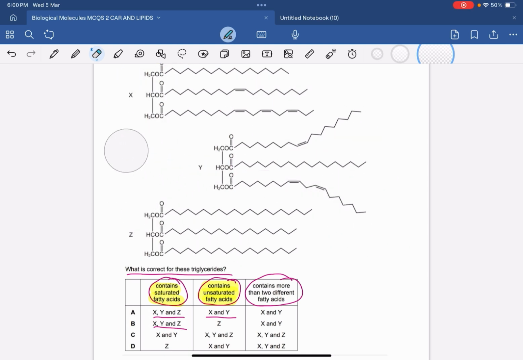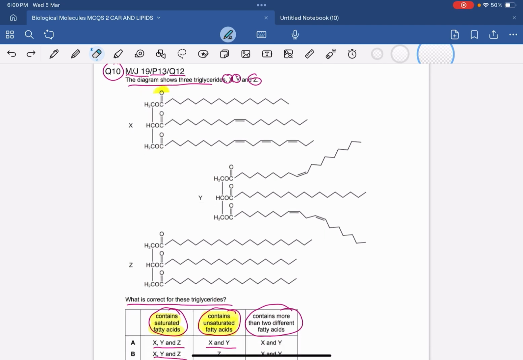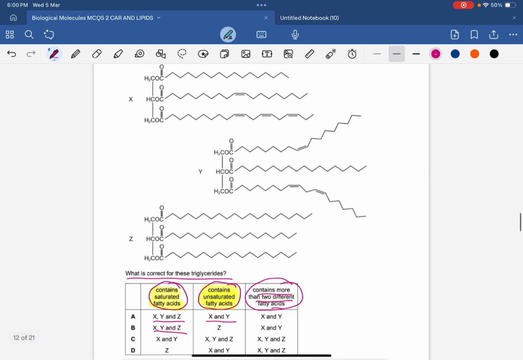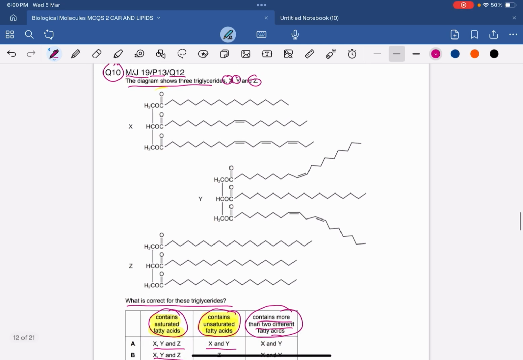Then what does the other statement say? The other statement says contains more than two different fatty acids, right? So yes, if I look at structure X over here, structure X contains more than two different fatty acids. How?